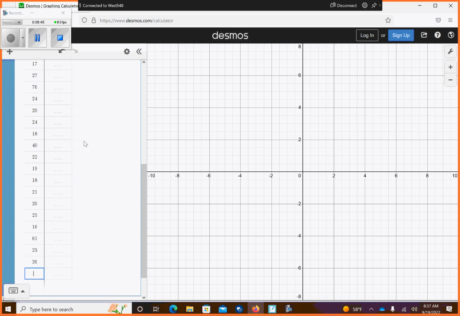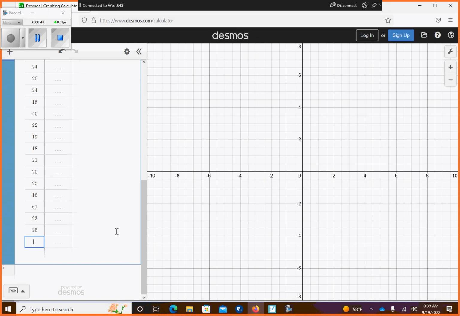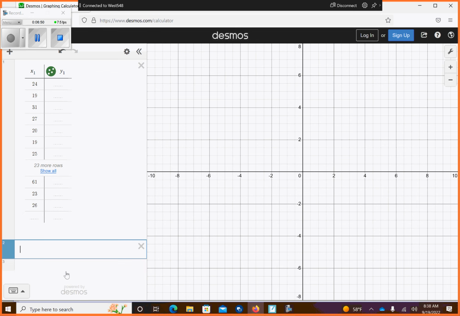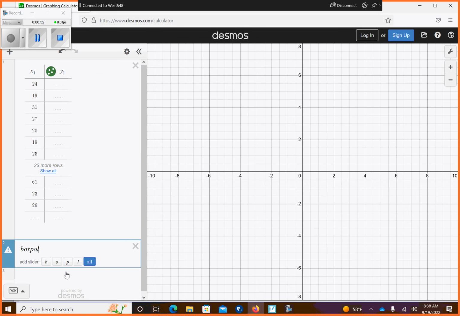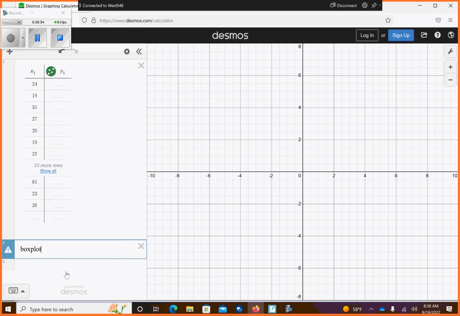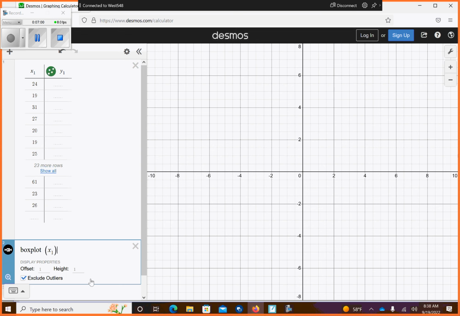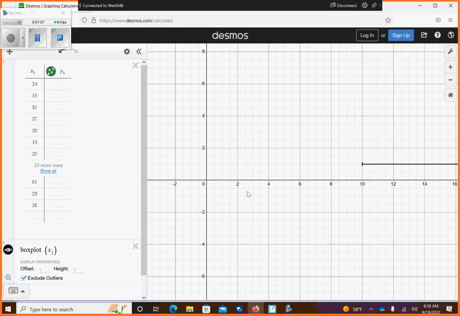All right. So once I have my data plugged in, there's things I can do. We can do the box plot so we can see. And so remember, this is going to be X and mine shift 1. And then exclude outliers or include outliers is kind of the important thing to have on there.